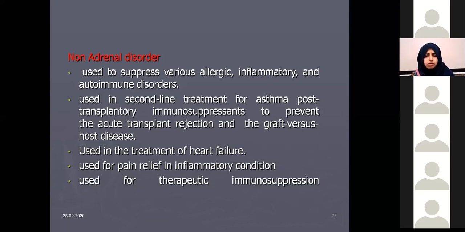Then it can also be given in acute transplant rejection and graft versus host disease, to decrease immunity. It is also used in the treatment of heart failure, for pain relief in inflammatory conditions, and for therapeutic immunosuppression.